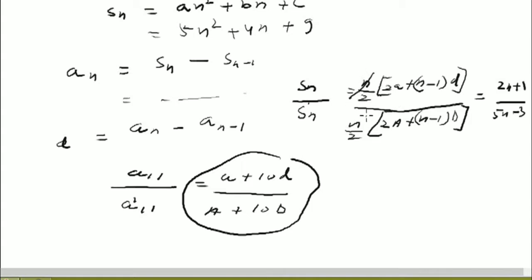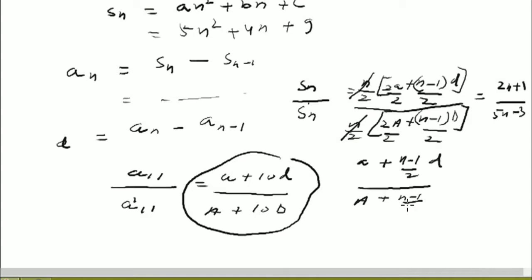So see, to make the given series what we want, we divide both numerator and denominator by 2. Why? Because we want a, we don't want 2a. It is going to be a plus (n minus 1) by 2 into d, by capital A plus (n minus 1) divided by 2 into capital D, is equal to whatever is given here, 2n plus 1 by 5n minus 3.